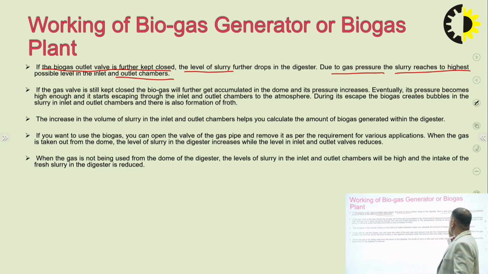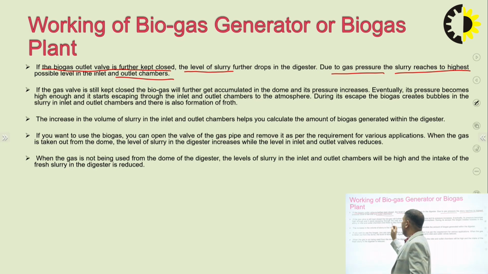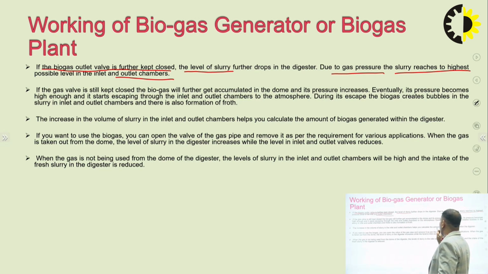During its escape, the biogas creates bubbles in the slurry in the inlet and outlet chamber, and there is also formation of froths. The increase in the volume of slurry in the inlet and outlet chamber helps you calculate the amount of biogas generated within the digester.